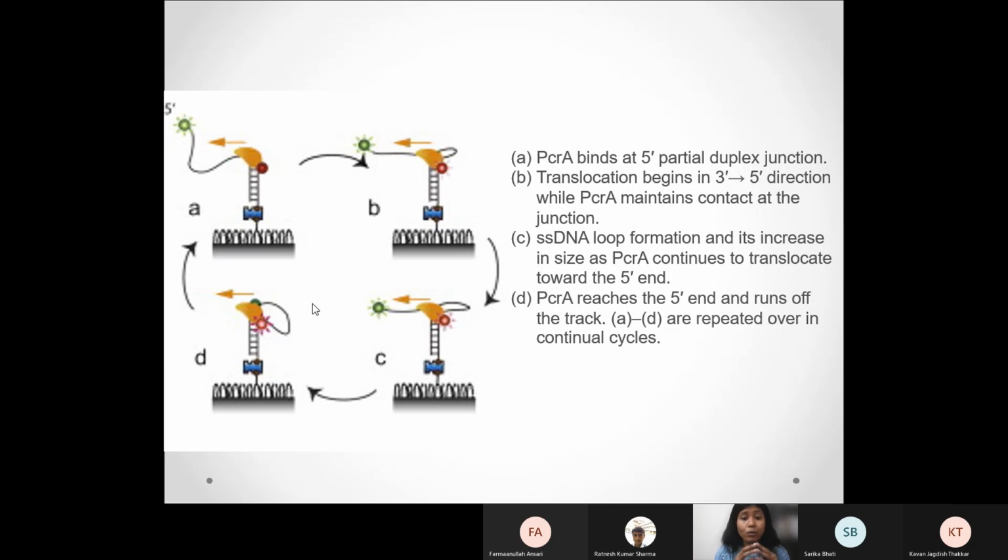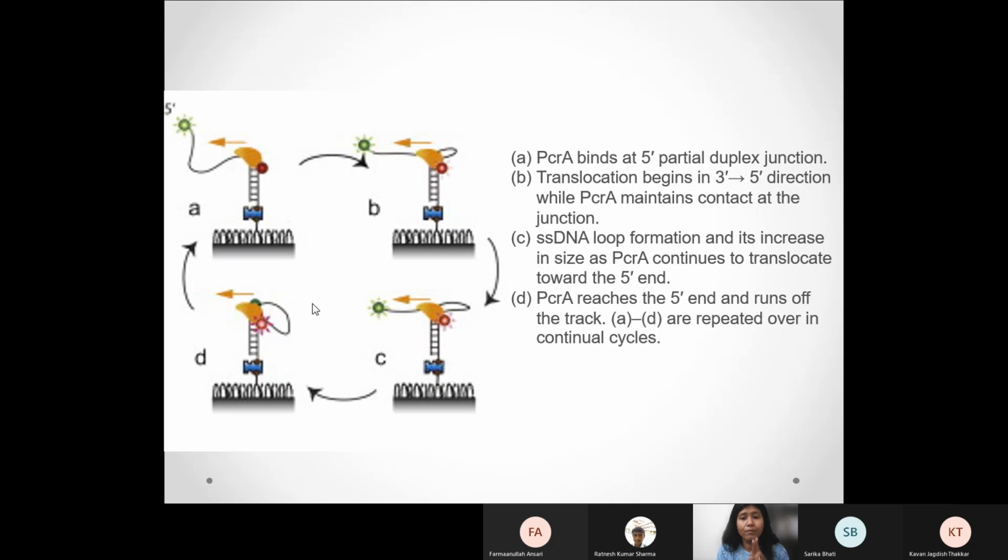So कल सारिका ने processivity के बारे में बताया था, that processivity means how long can this molecule stay on the DNA, translocate DNA and cause opening up of the double-stranded DNA without falling off from the DNA. How long, how many nucleotides can it do this?